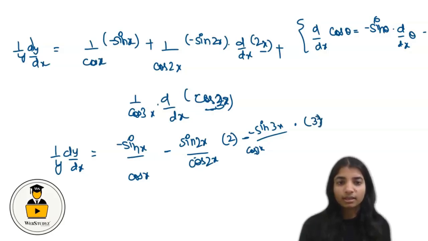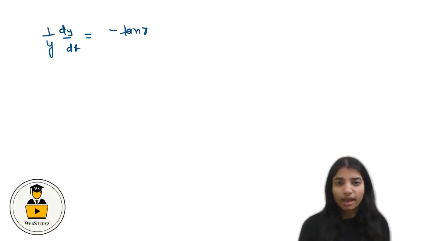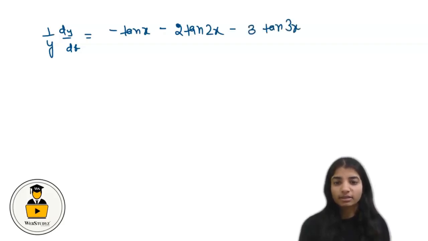So we know that sine x divided by cos x is equal to tangent x. So we can write this as 1 divided by y, dy/dx is equal to minus tangent x minus 2 tangent 2x minus 3 tangent 3x.